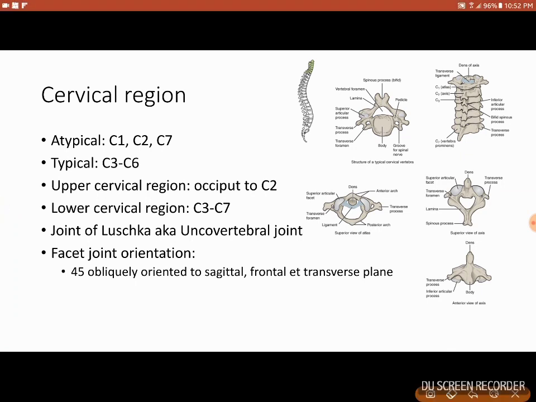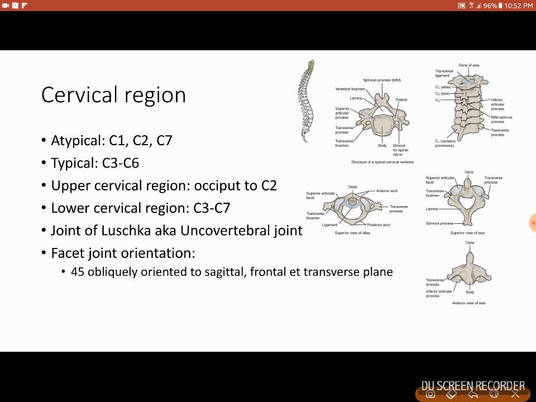There are a total of 7 bones in your cervical spine: 3 atypicals and 4 typicals. Remember that the other name of C1 is atlas. The other name of C2 is axis.